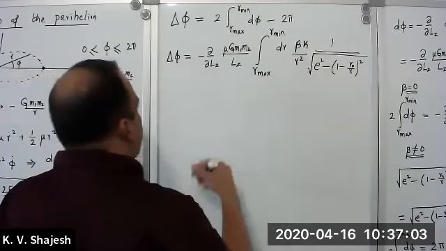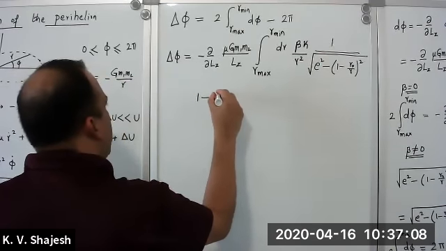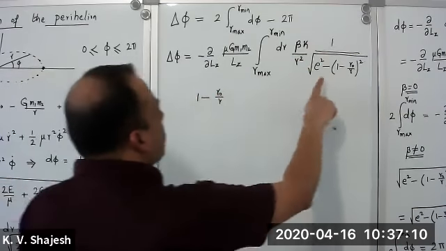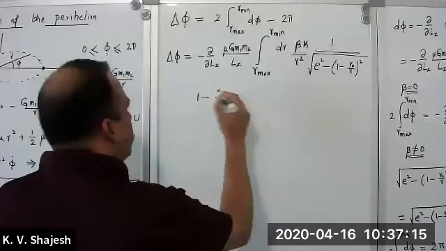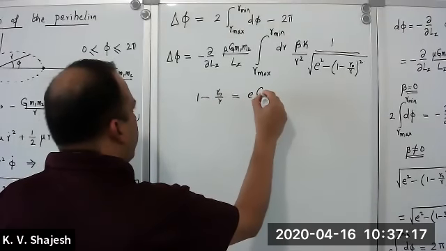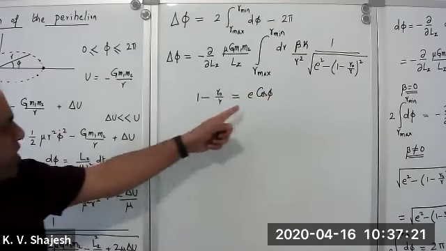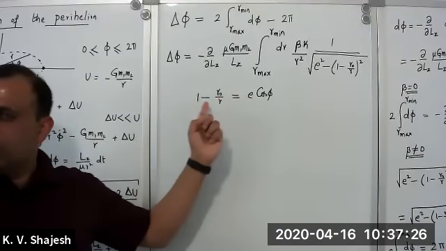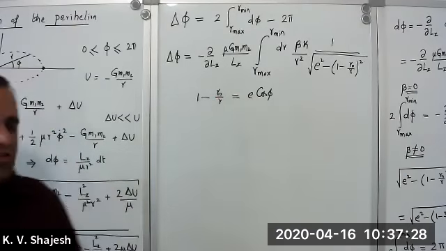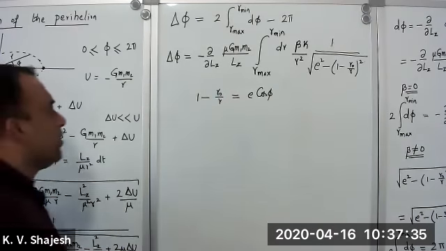So let's substitute here 1 minus r naught over r, like there is this 1 minus cosine squared structure there, right? So that's equal to e cosine phi. That's pretty much your conic Kepler problem solution, but we are substituting it in the non-perturbed Kepler problem.